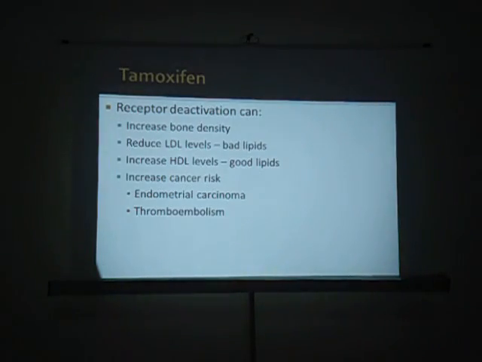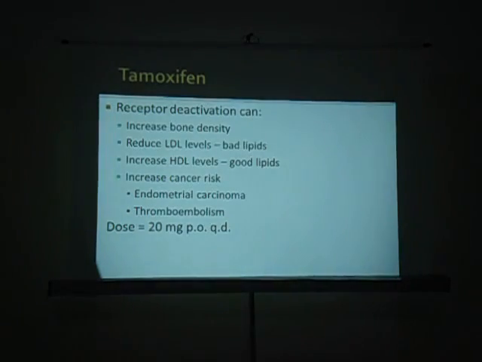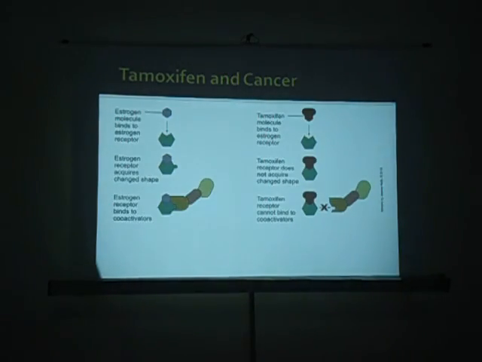So how is tamoxifen helpful? It increases bone density, reduces LDL, increases HDL, and increased risk of cancer is there, that we already learned. Dose is 20 mg orally. This is just a repetition.